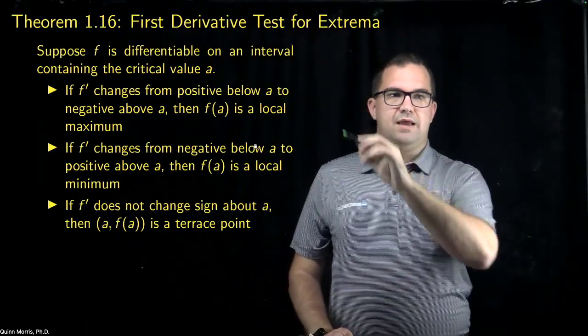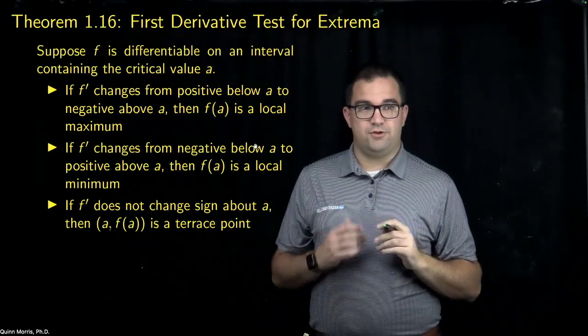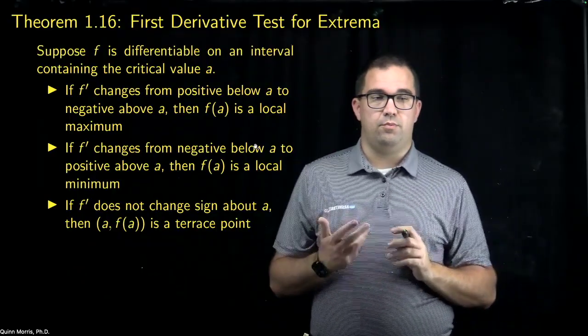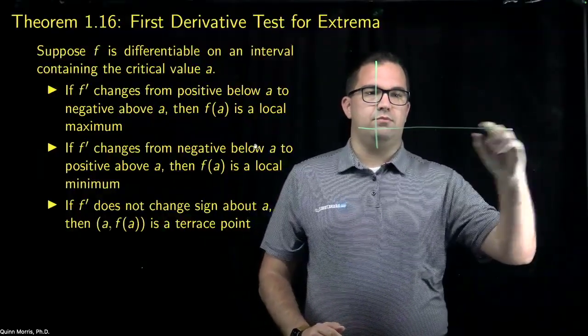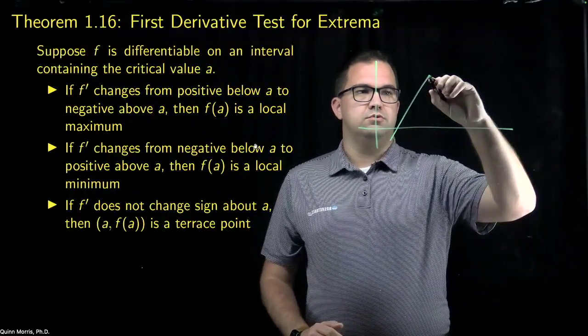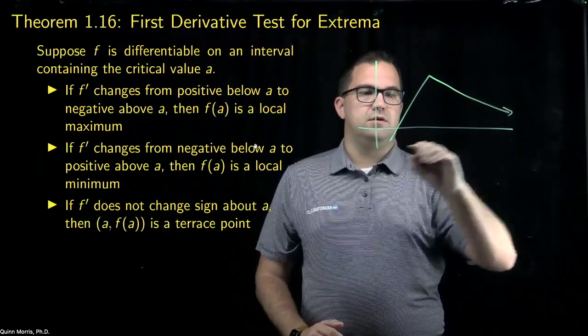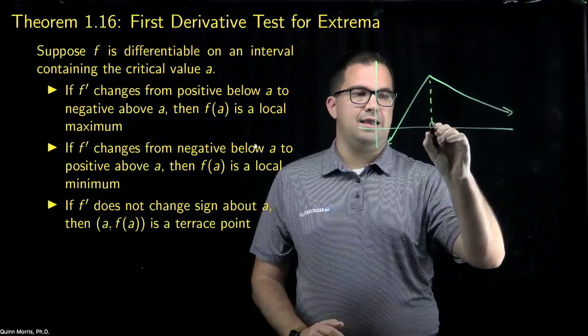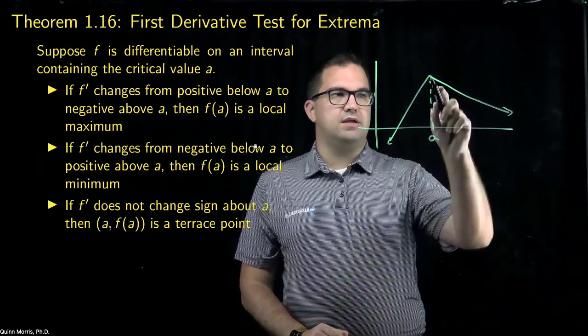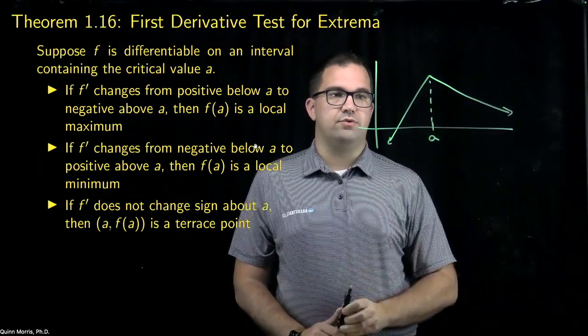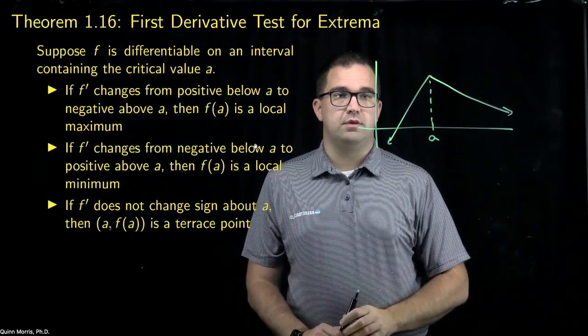Now, I will also say every example I've shown so far, we had critical values or critical points that were there because the derivative was 0. But of course, this can also happen with non-differentiable sorts of things. So here at A, I have a critical value because there's a corner here, and so the derivative is undefined at this point.